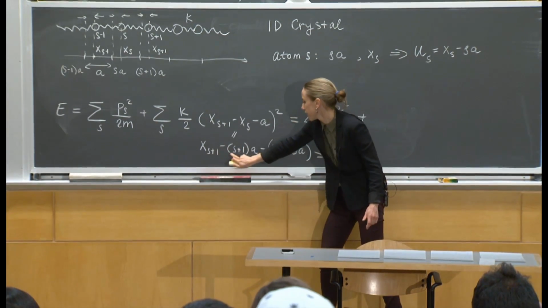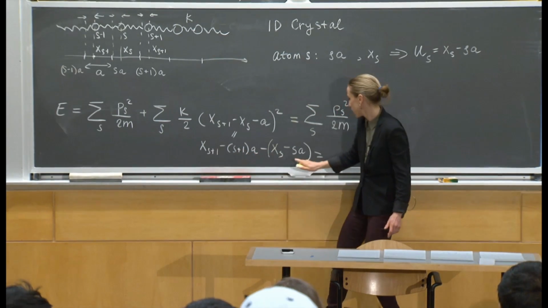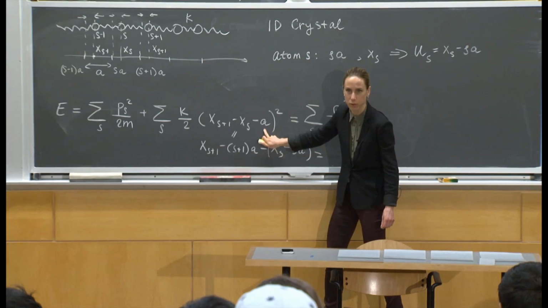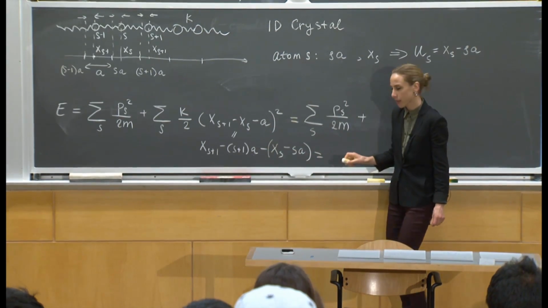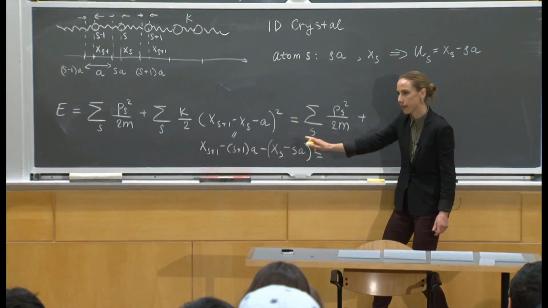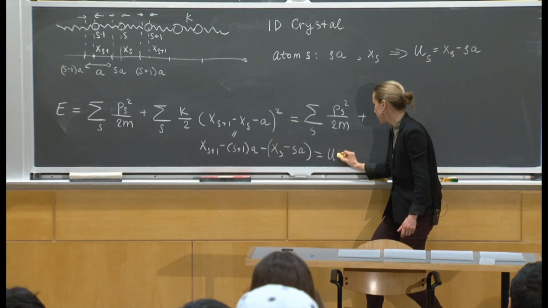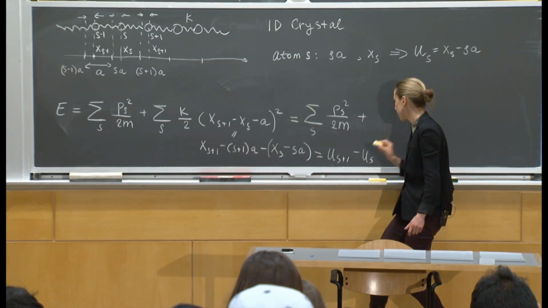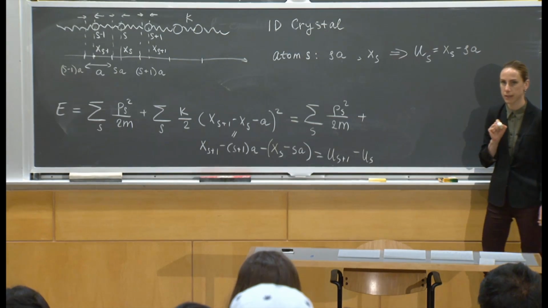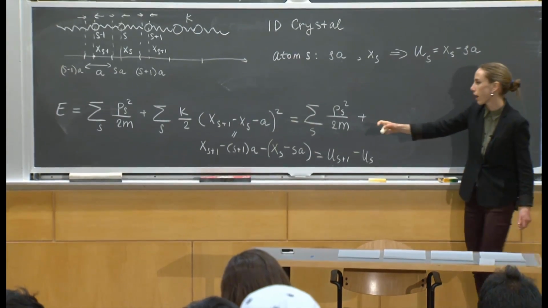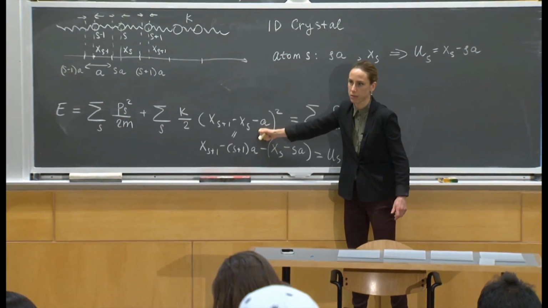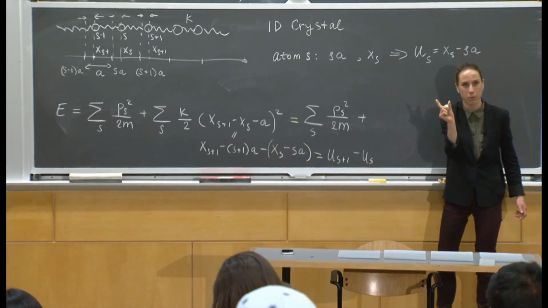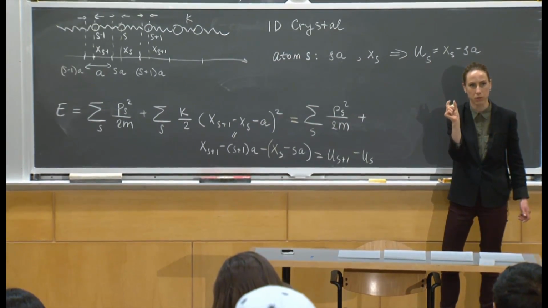So this stays, sa goes away, and then you're left with a. So this holds. But now I can represent it as u_{s+1} minus u_s. So I don't have to drag this a around. So rather than thinking about coordinates, I'm now thinking about the deviations from equilibrium.